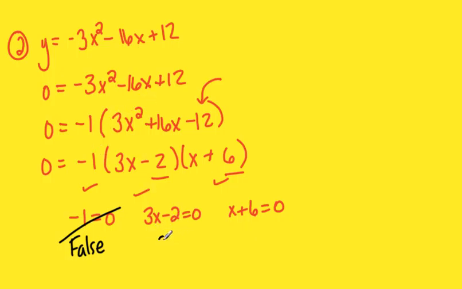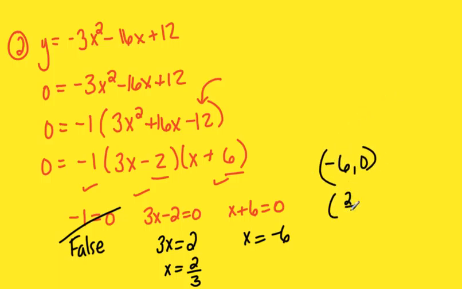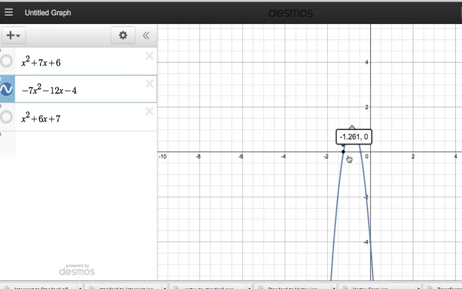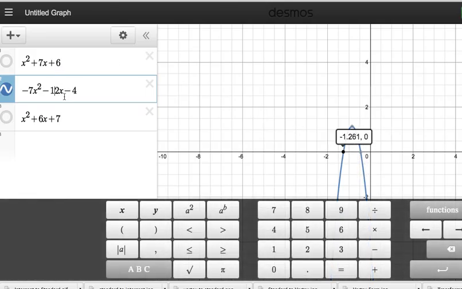Now here you would add 2 to both sides and then divide by 3. And then here you would subtract 6. So your x-intercepts would be -6, 0, and 2/3, 0. Again, we put zeros in for y's and got these two things out for x's. If you look at Desmos for that, I'll turn that blue one on. Oh, that's not the right function.